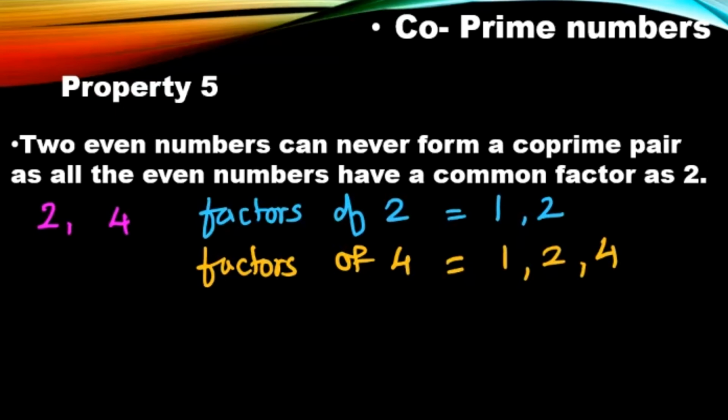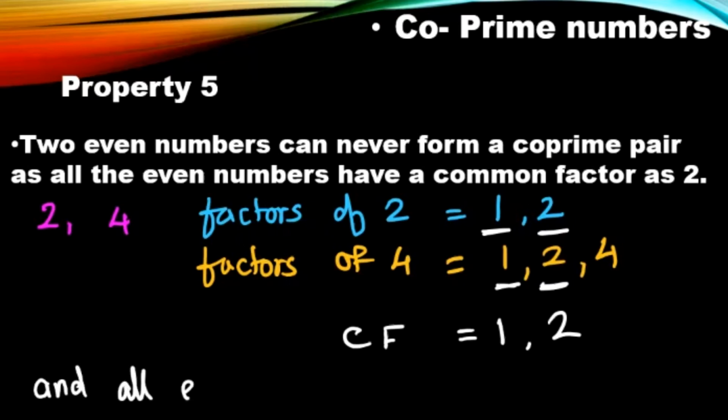And if we find out the common factors, then we got here 1 and 2. So here we got 2 as a common factor. That means 2 and 4 are not co-prime numbers. So children, I hope property number 5 is clear to you.